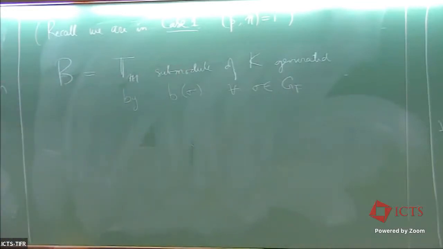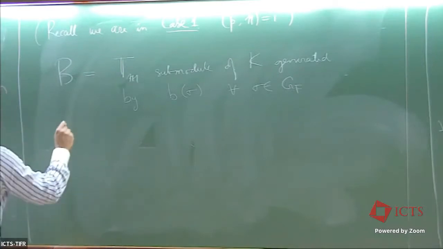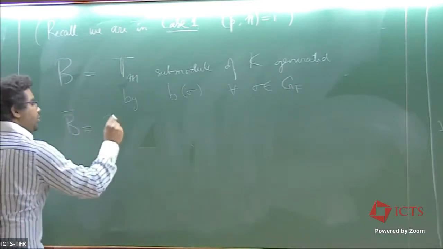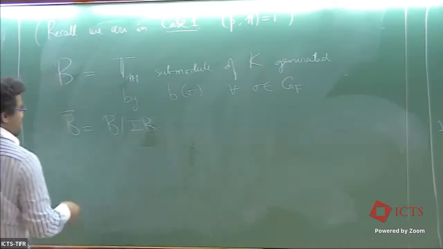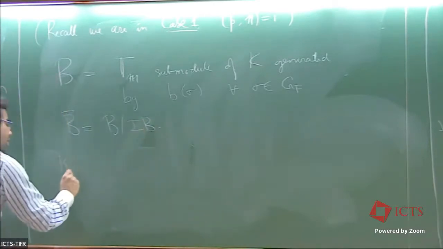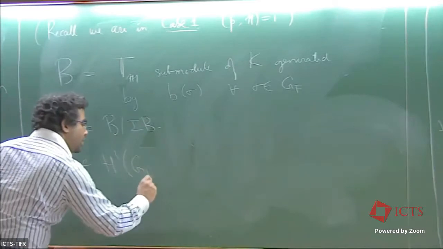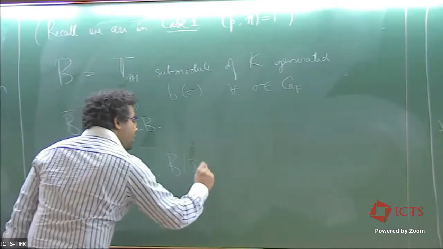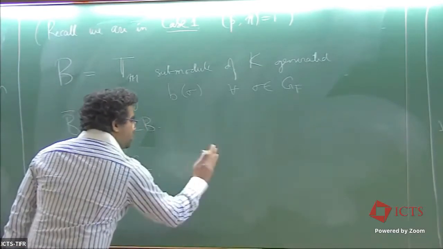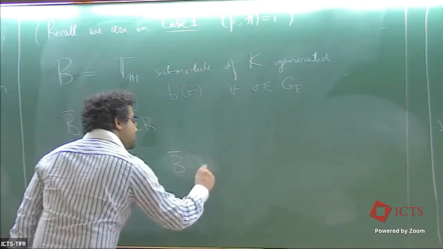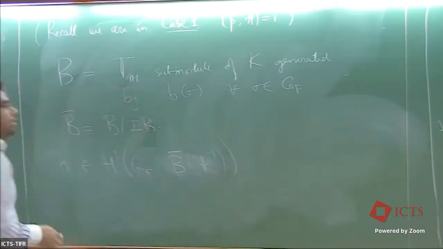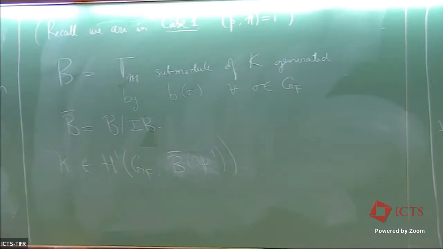Okay, so that's my module B. And if I take B bar to be B modulo I times B, then kappa is a cocycle in H^1(G_F, B mod IB). Okay, so B bar, psi inverse. And this is kind of the classical Ribet stuff, right? This is the class that you would get in Ribet's method. And then you would want to show that this has nice local properties.